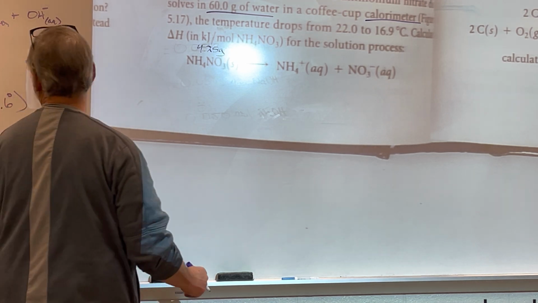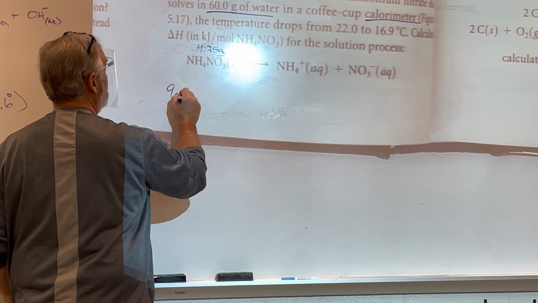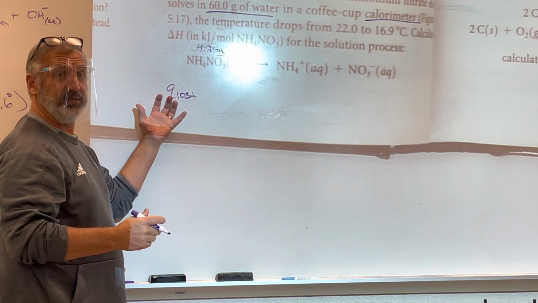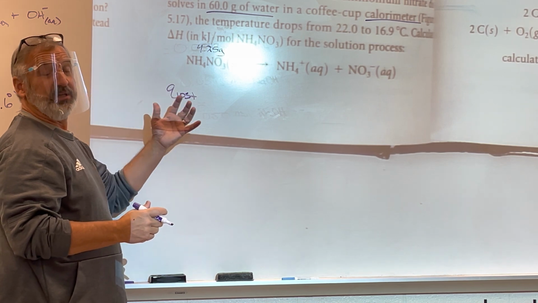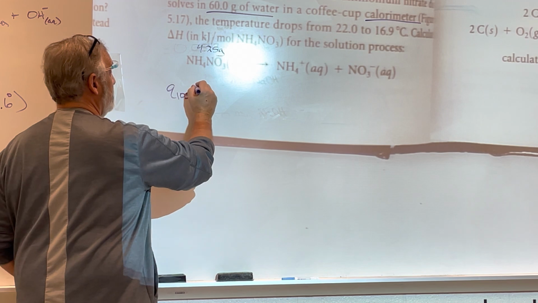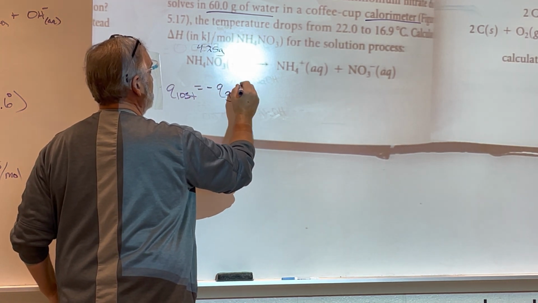So it's the exact same problem as this one. So, Q lost. Now, the reality is it's Q gained by the water, but it doesn't matter where the negative sign goes. I always use the same thing, equals negative Q gained. Okay?